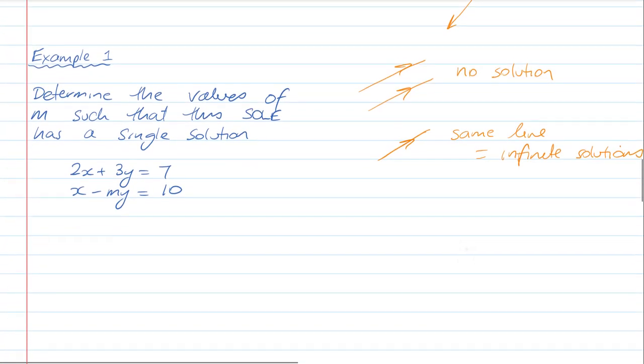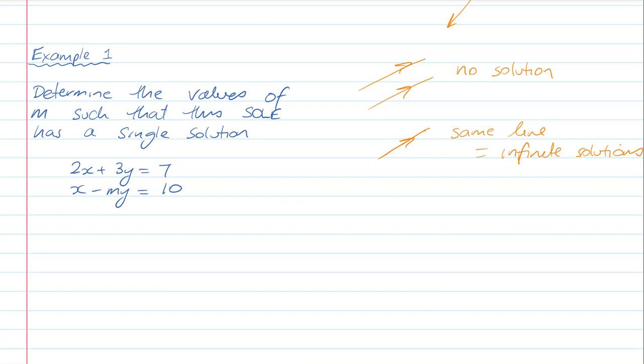And then I've got an example here to cover off 7c. Determine the values of m such that this SOLE, being my shorthand way of writing system of linear equations, has a single solution. Well, remember, a single solution means that the determinant of A must not equal 0.